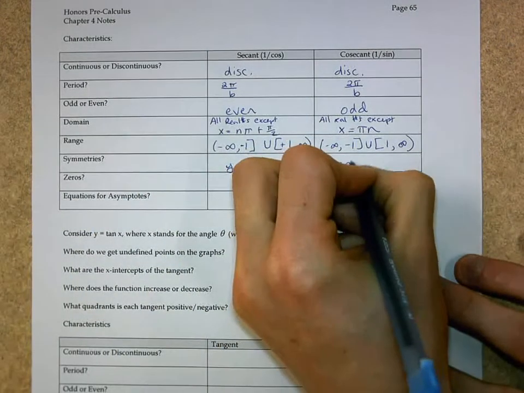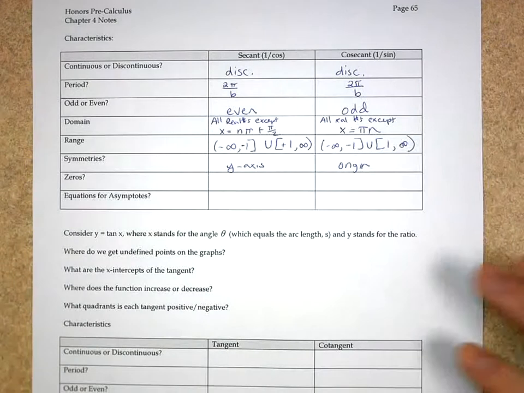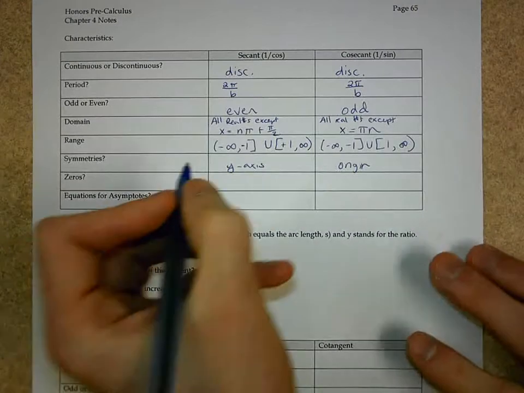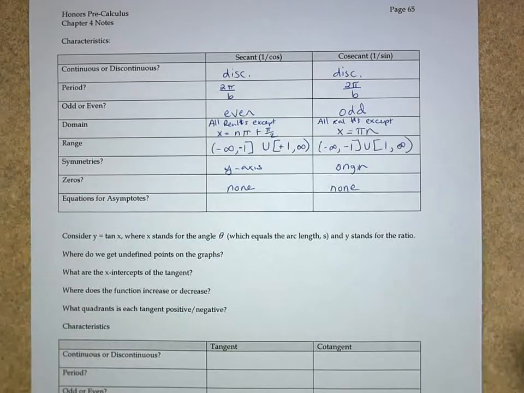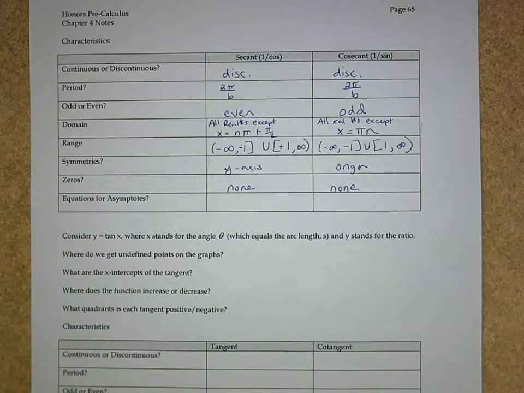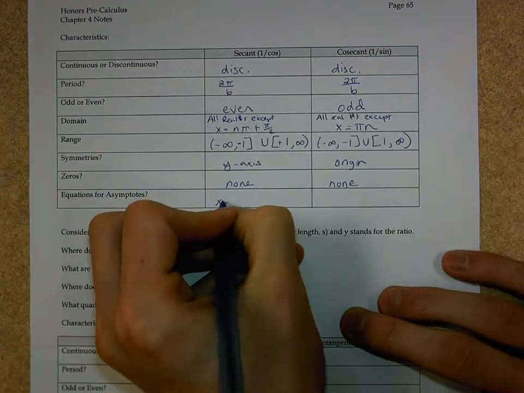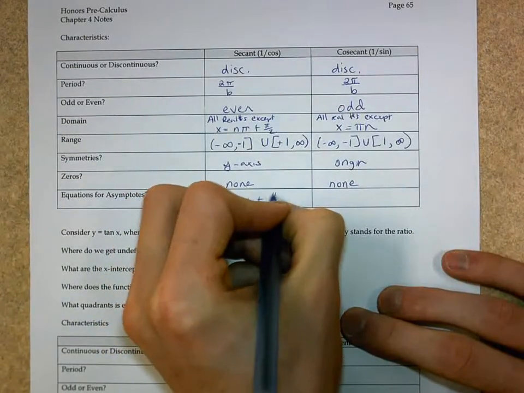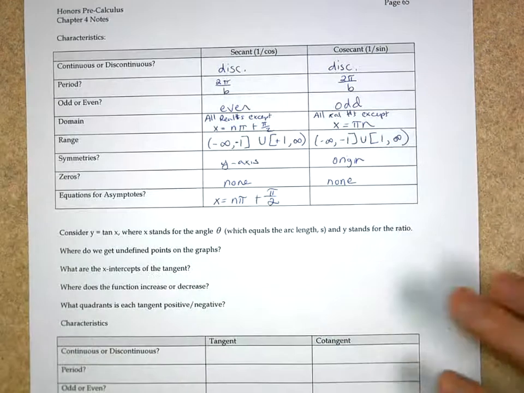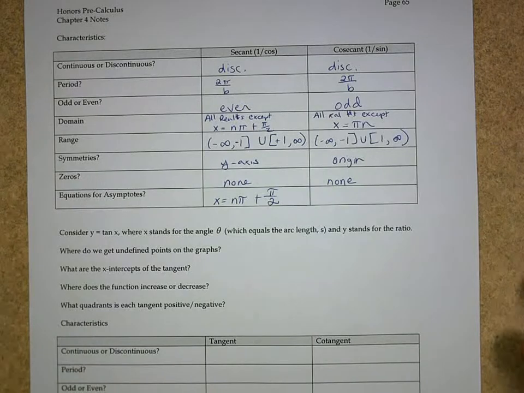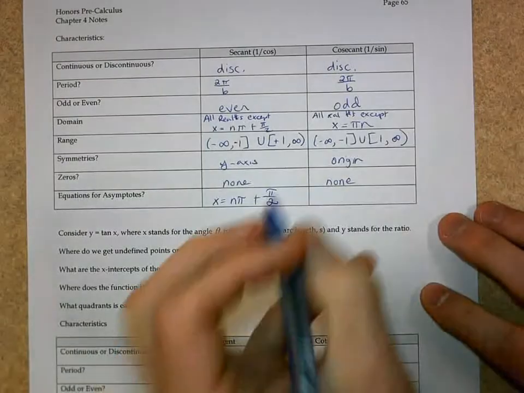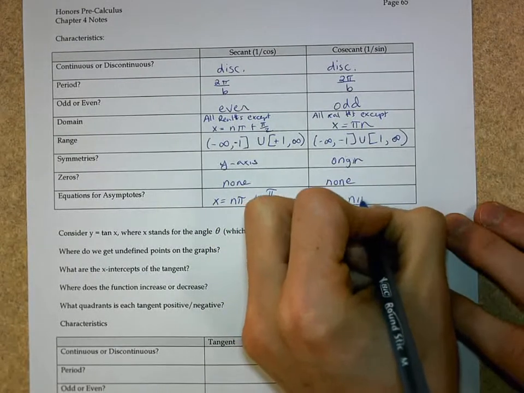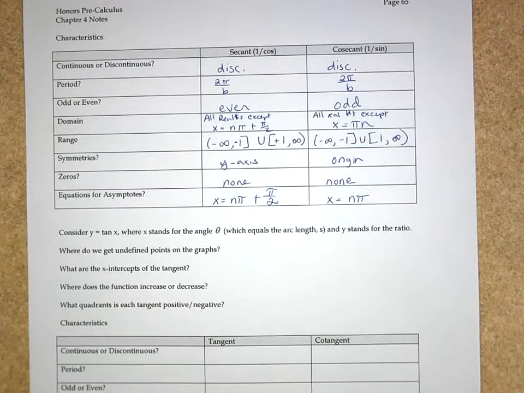If we have an odd function, it's around the origin. Zeros, we said there were no zeros. There are no x-intercepts. And then finally, the equation for the asymptotes, we use that in the domain, where it's every pi added to or subtracted from pi over 2 for secant, and then it's every pi units for cosecant.